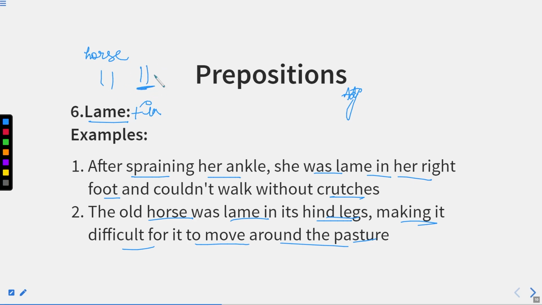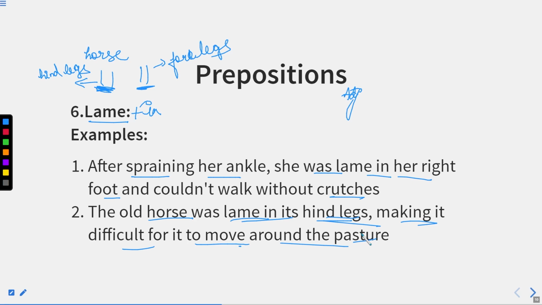The front legs are known as forelegs, and the back legs are known as hind legs. So if I say the old horse was lame in his hind legs, it means the back legs, making it difficult for it to move around the pasture. It means he was facing difficulty in moving in that pasture.